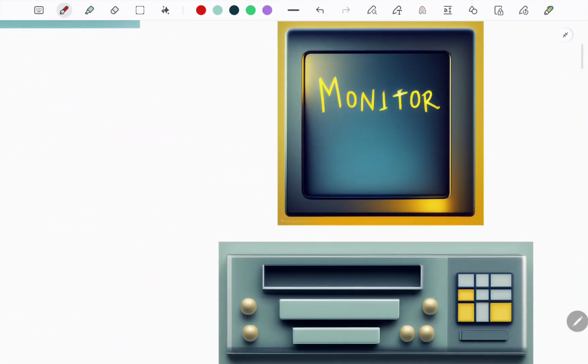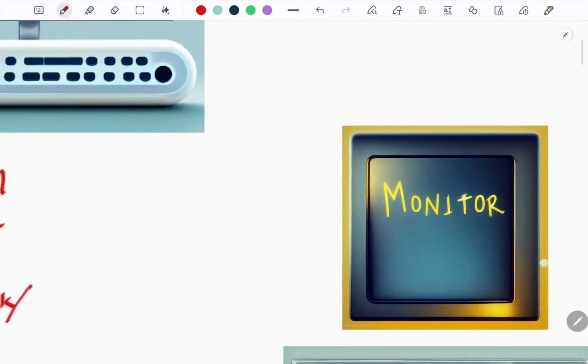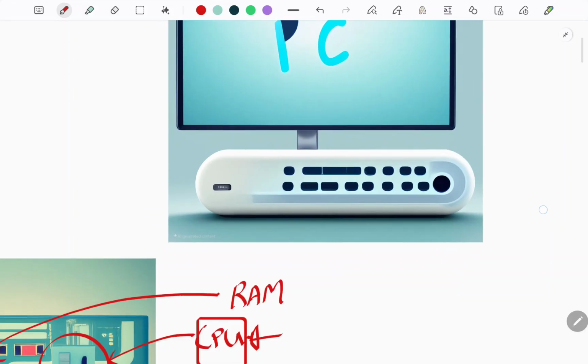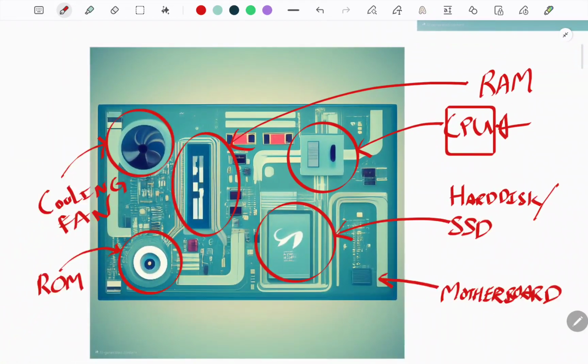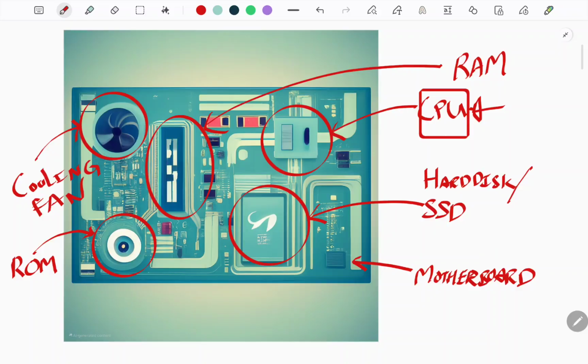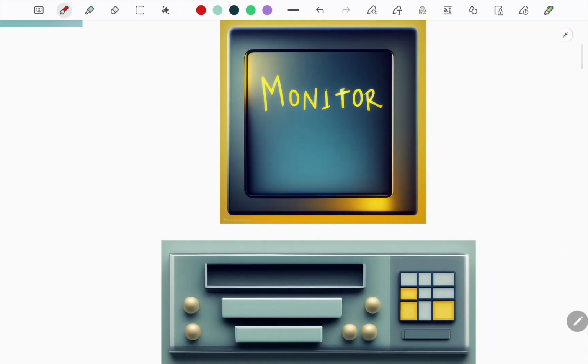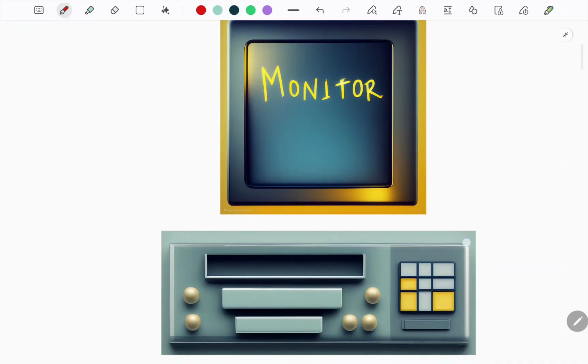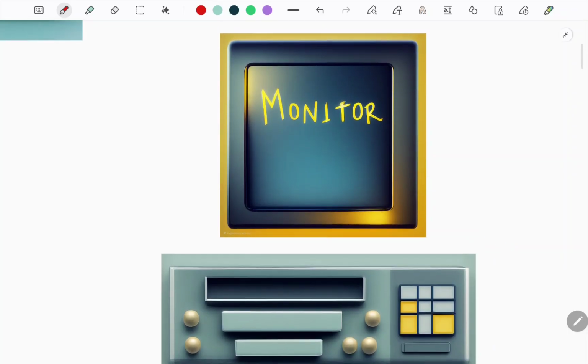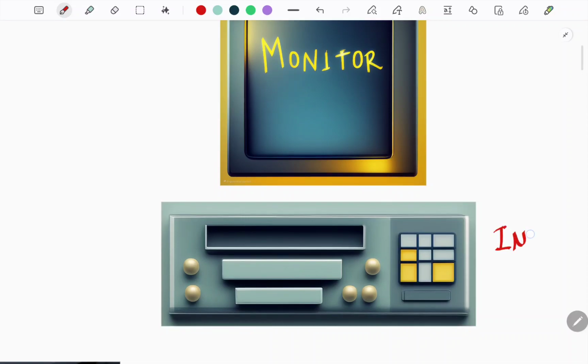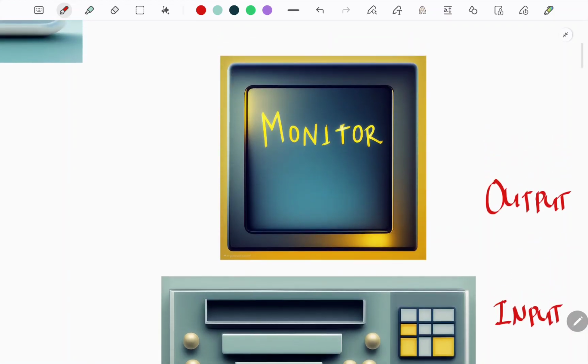We look into a very detailed understanding of the breakdown of the computer in terms of the components inside the computer, and also the external components, the external hardware that is linked to the computer, which we name the input and output devices.